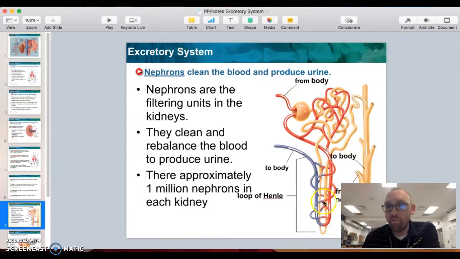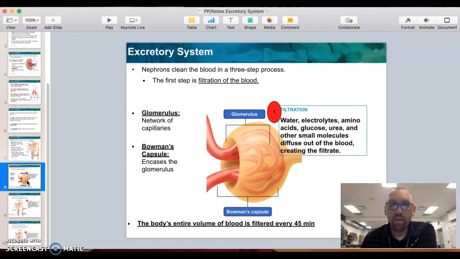As the blood goes through the nephron, the waste from the blood jumps into these yellowish brown tubes, which are part of the nephron, which then push all of the waste into this bigger canal, which runs into the ureter, which takes all the waste down to your bladder to get removed. You have about 1,000,000 nephrons in each kidney, so about 1,000,000 filtering units like this. So it's very productive, very good.